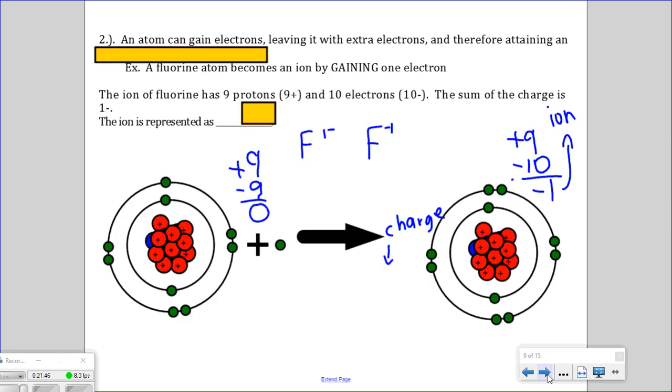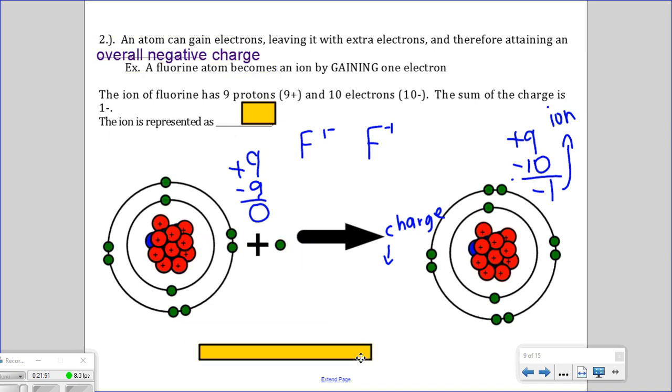An atom can also gain electrons, leaving it with extra electrons, therefore attaining an overall negative charge. A fluorine atom can become an ion by gaining 1 electron. Here is a neutral fluorine atom with 9 protons, 9 electrons, and an overall charge of 0. In that second orbit, there are 7 electrons, and 8 electrons can fit into that second orbit, so there is room for 1 more.